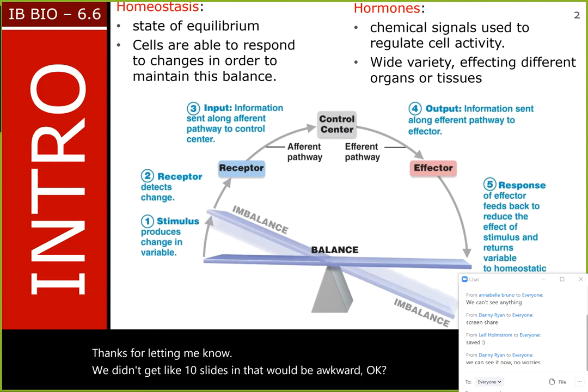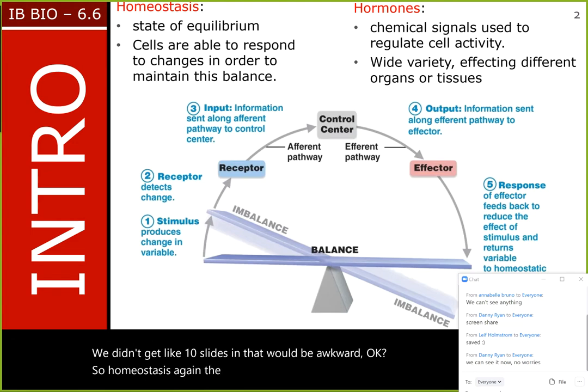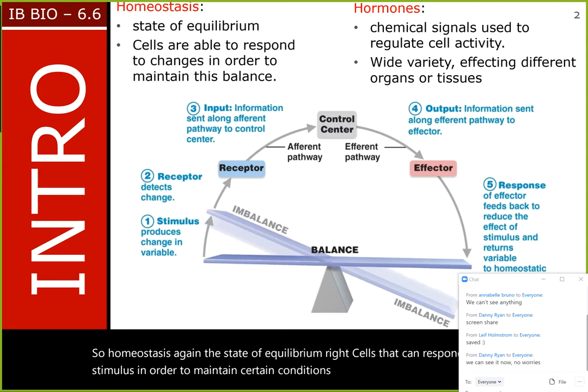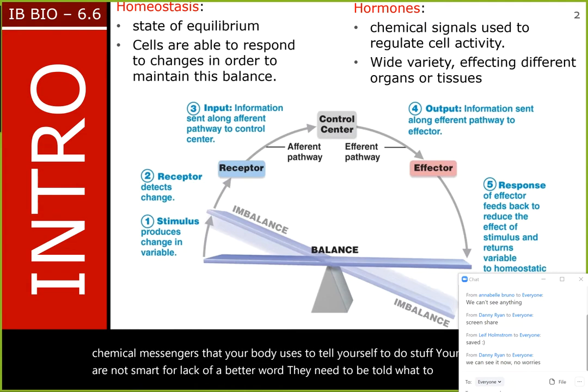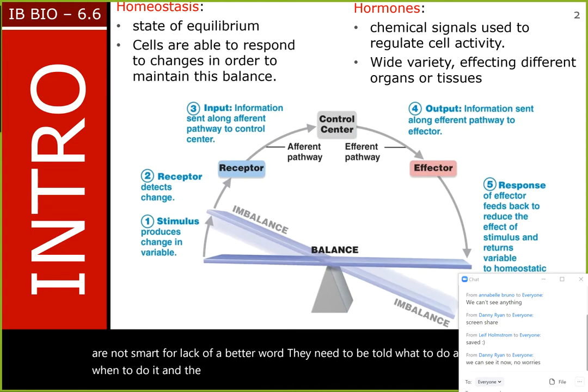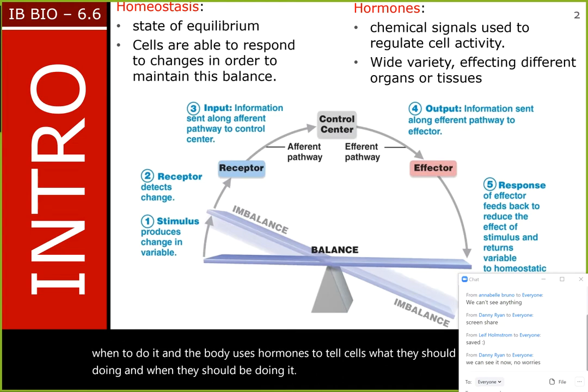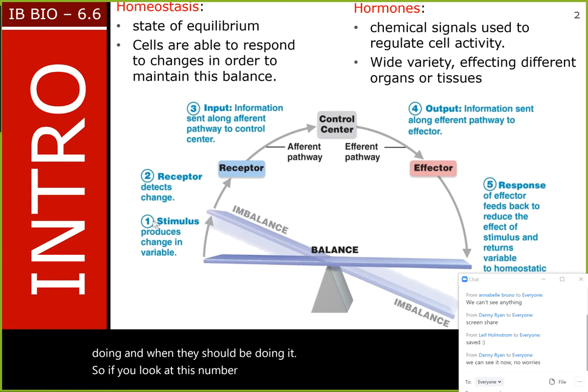Okay. So homeostasis, again, the state of equilibrium, right? Cells can respond to stimulus in order to maintain certain conditions. Hormones are the major chemical messengers that your body uses to tell your cells to do stuff. Your cells are not smart, for lack of a better word. They need to be told what to do and when to do it. And the body uses hormones to tell cells what they should be doing and when. So if you look at this number diagram, number 1 is a stimulus.